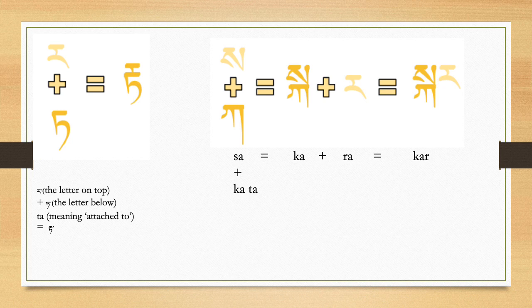Hope that makes sense. So when you spell this syllable out, you start with the letter above, like before. Then you pronounce the letter below that, and you say it's attached. And then you say the pronunciation of this combination of two letters, and then you add the suffix, and then you finish by saying the combination of the whole syllable.